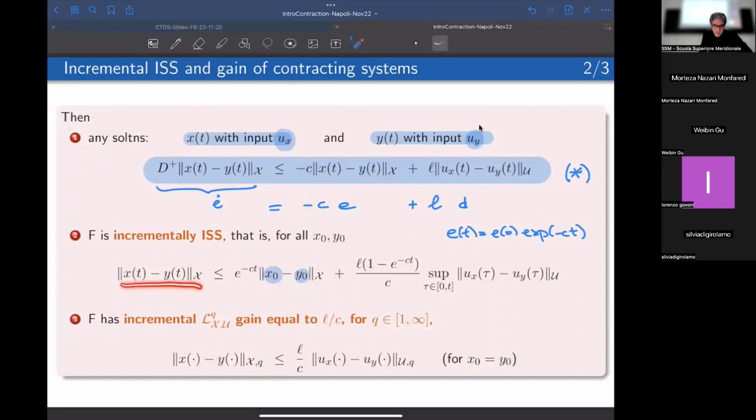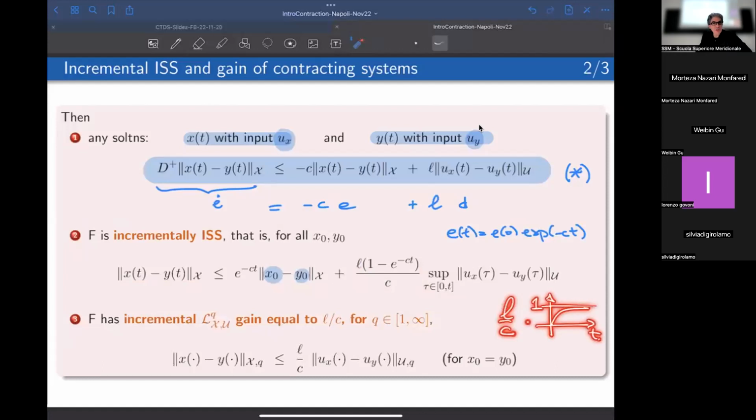So you have the distance between the two trajectories is upper bounded by the sum of an exponentially decaying term plus the largest size of the disturbance, which multiplies a coefficient, and this coefficient is L over C times a function of time which goes to 1.